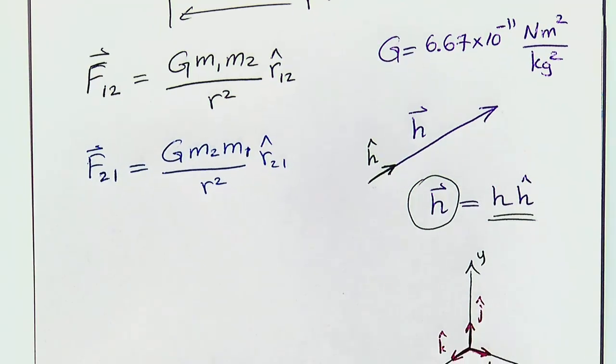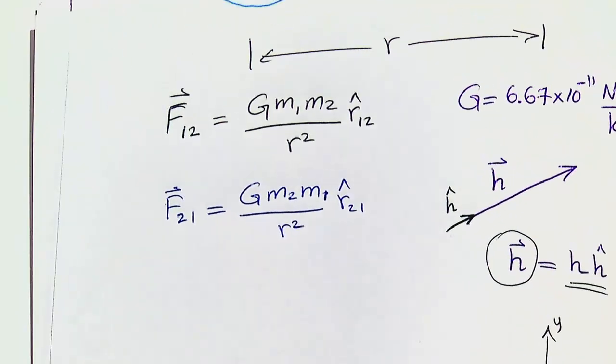Okay, so let's use Newton's law of gravity to understand where that number g, little g, not big G, but the little g you've been using for kinematics, comes from.